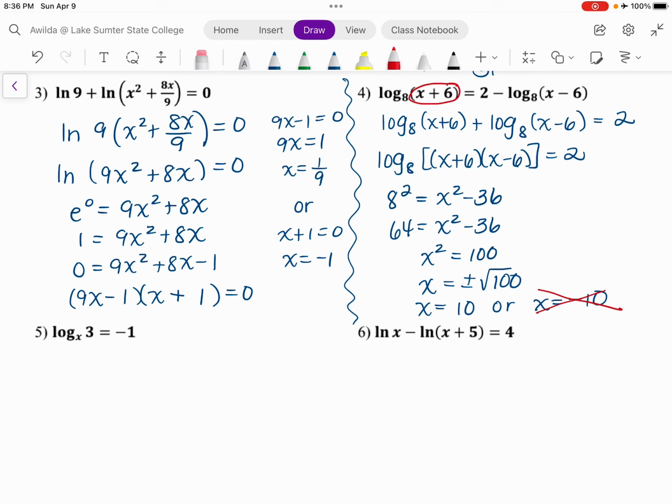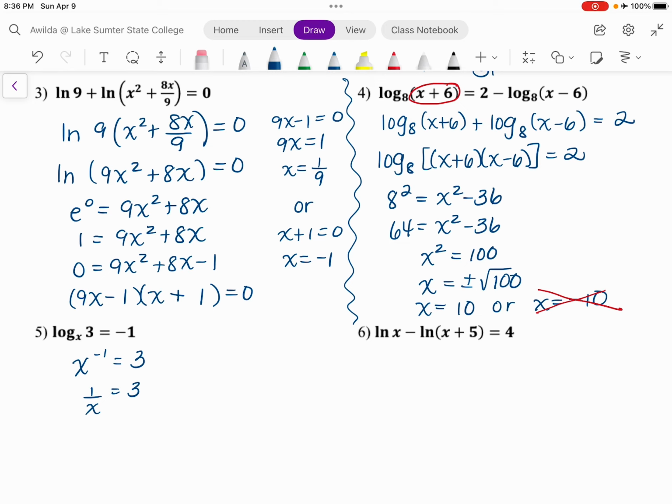All right, let's look at example number 5. Logarithm base x of 3 is equal to negative 1. Because we have a single logarithm on the left-hand side, we can convert this into exponential form immediately. The base x raised to the negative 1 power is equal to 3. X to the negative 1 power can be written as 1 over x.